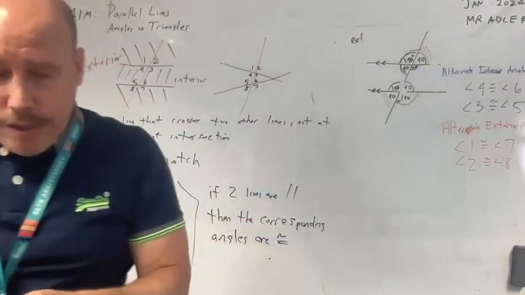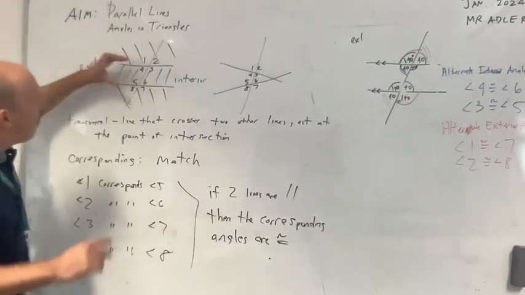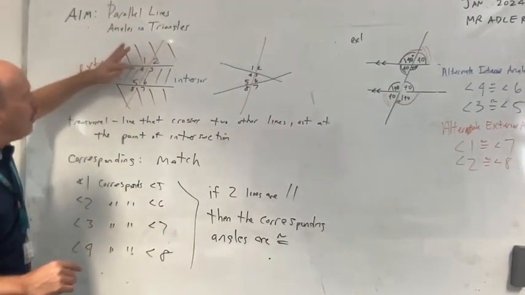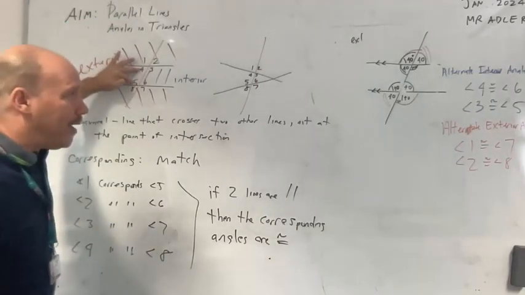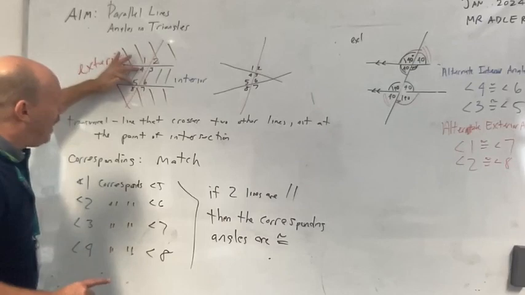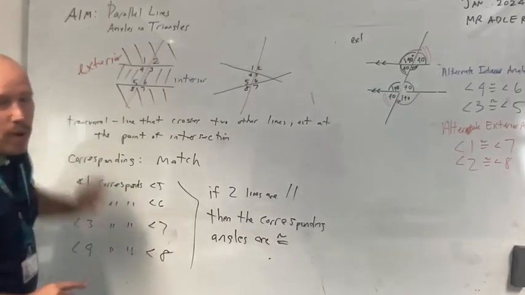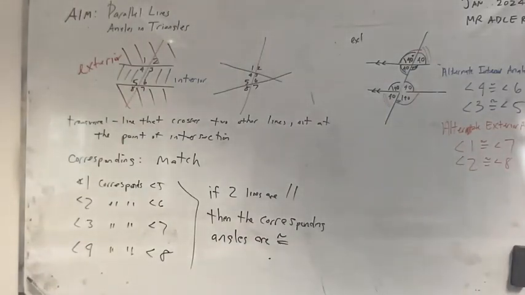Another thing you might notice is that if lines are parallel, consecutive angles on the same side are supplementary. It's not a coincidence here that 4 plus 5 equals 180 and 3 plus 6 equals 180. So we can also say, where's my black pen?